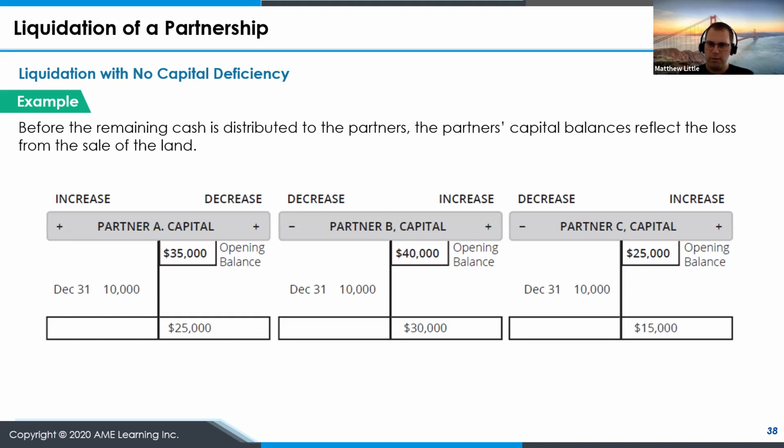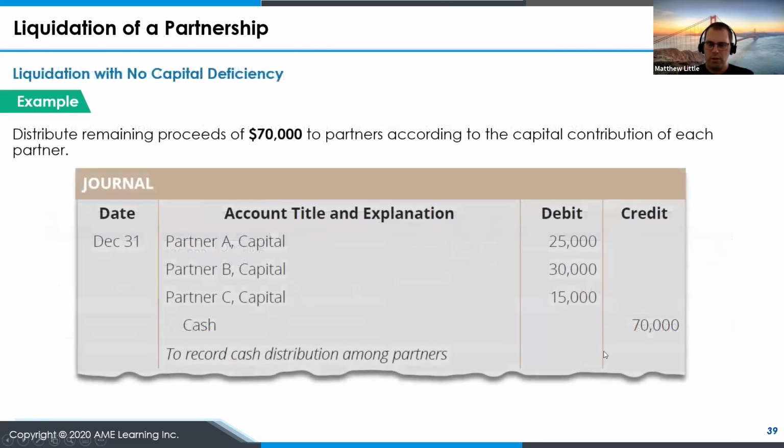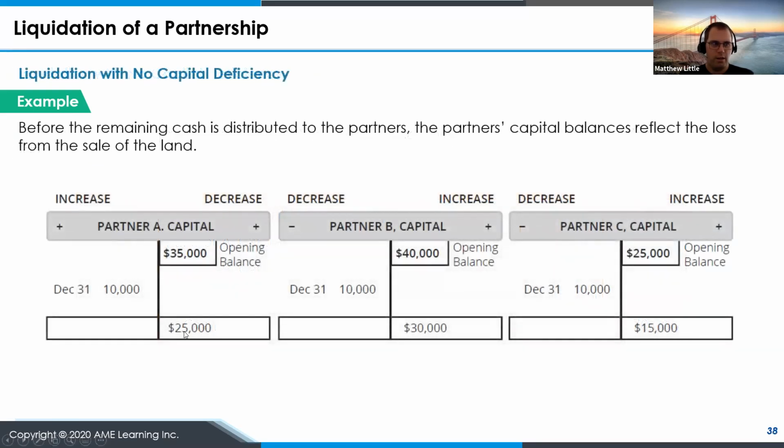So we show $25,000 for partner A, $30,000 for partner B, and $15,000 for partner C. So in order to distribute the remaining cash, it'll be a credit to cash of $70,000, which is the amount of money left in the partnership, and a debit to partner A, B, C capital accounts of $25,000, $30,000, and $15,000, which if we go back a slide, tie into what those general ledger accounts are. And now there's zero in all of the GLs.